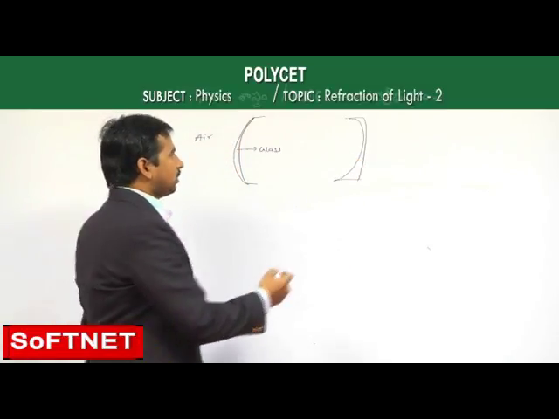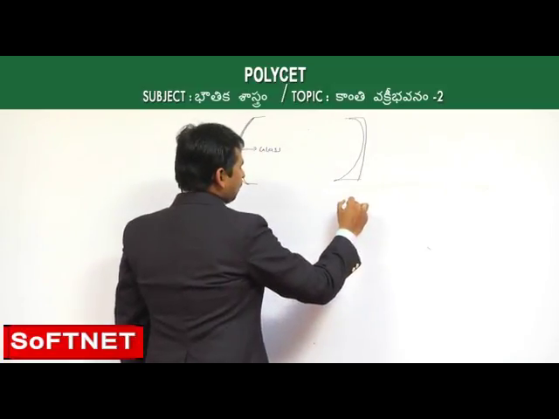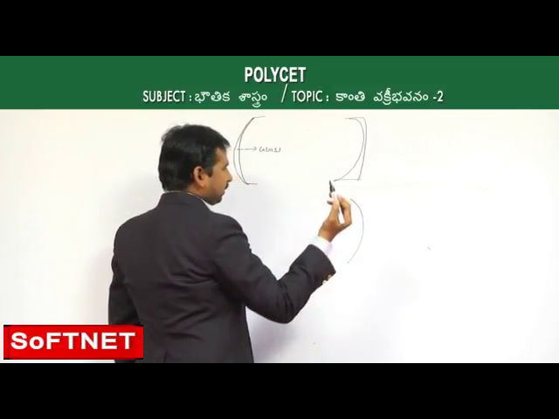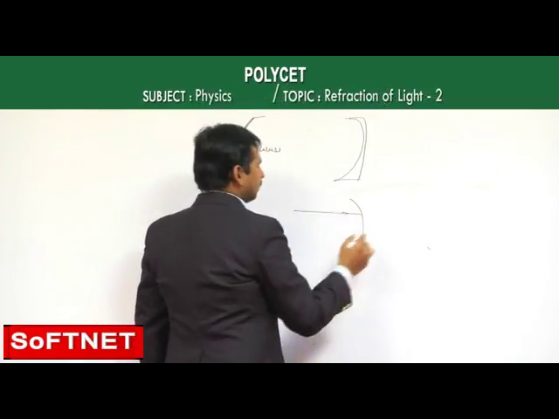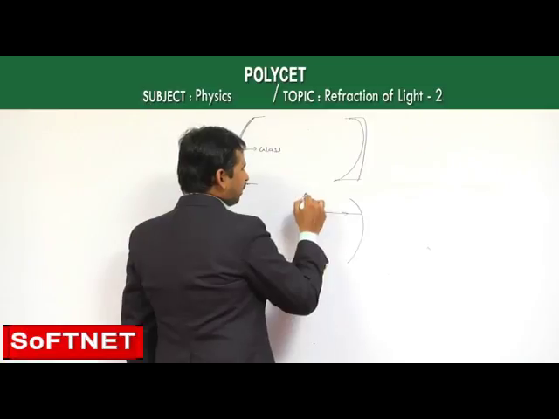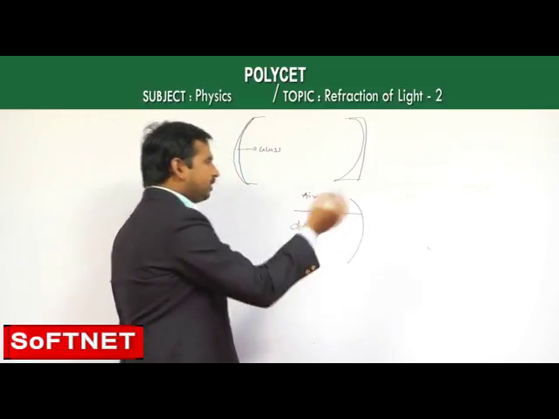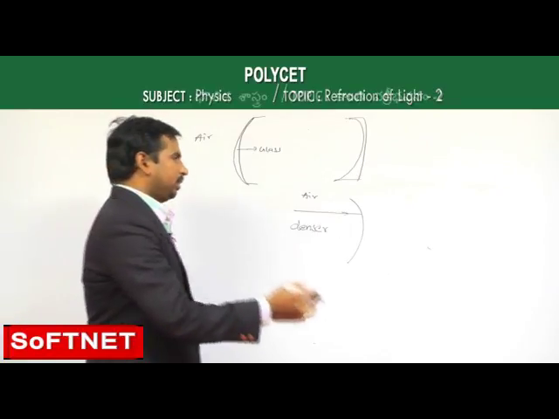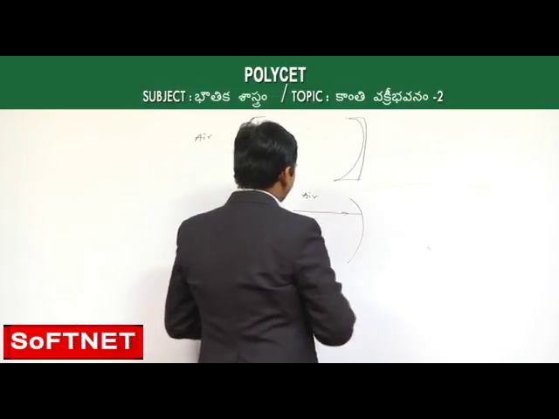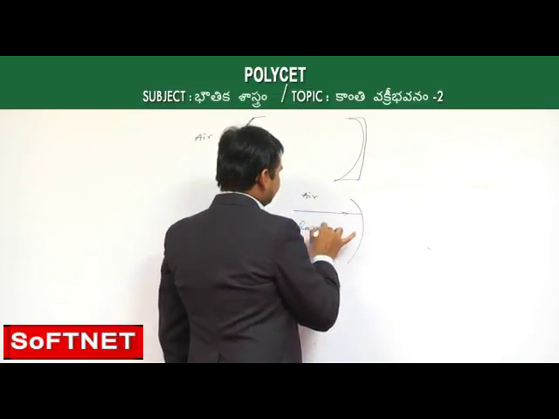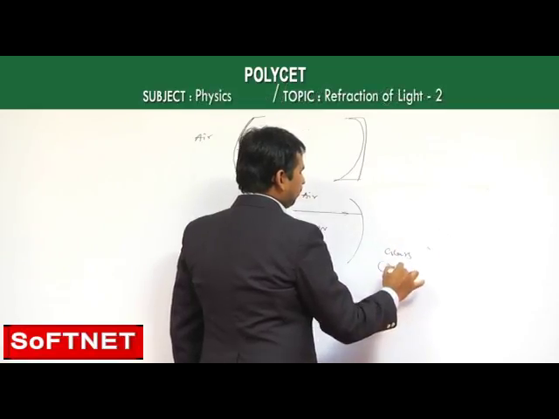Okay. Now in this case, let us suppose the light ray is coming like this onto this surface. Let us assume this is air, which is the rarer medium, and here glass, which is the denser medium, it is entering.